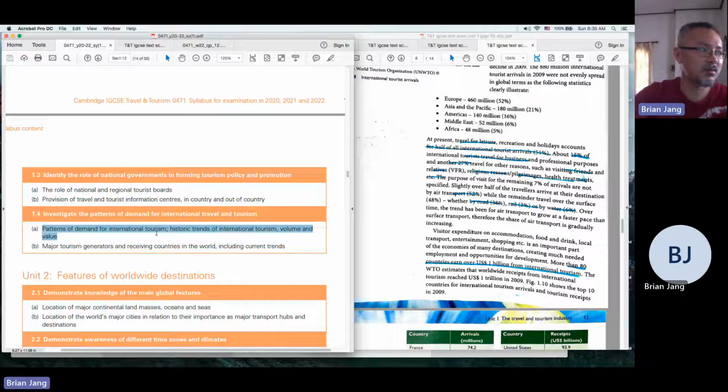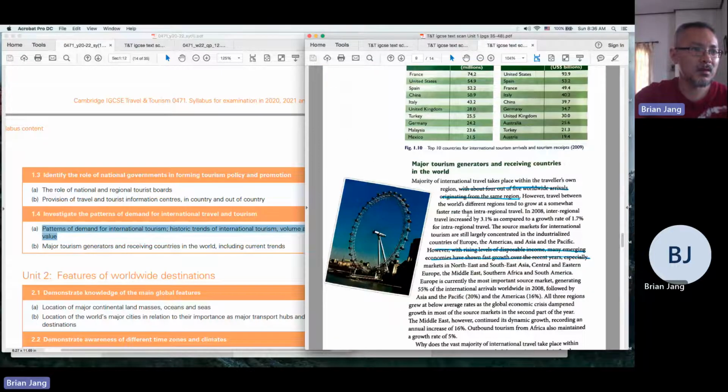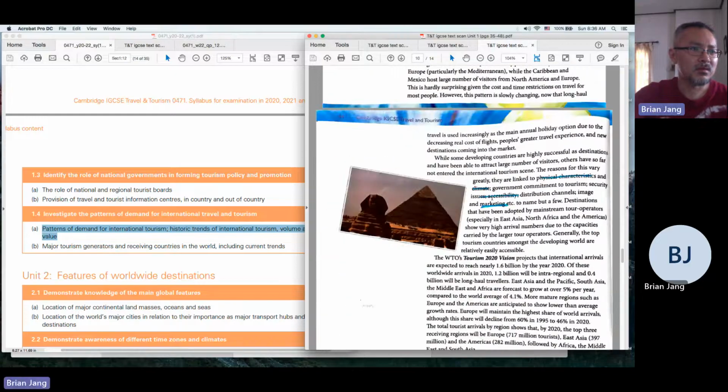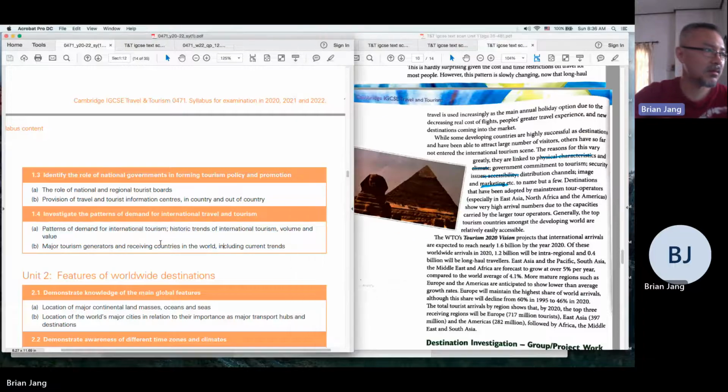Patterns of demand for international tourism, historic trends in international tourism volume and value, major tourism generators and receiving countries in the world. All right. Yeah, so you can just go through that and just keep that in mind, I guess. So yeah, that is all of Unit 1. All right.